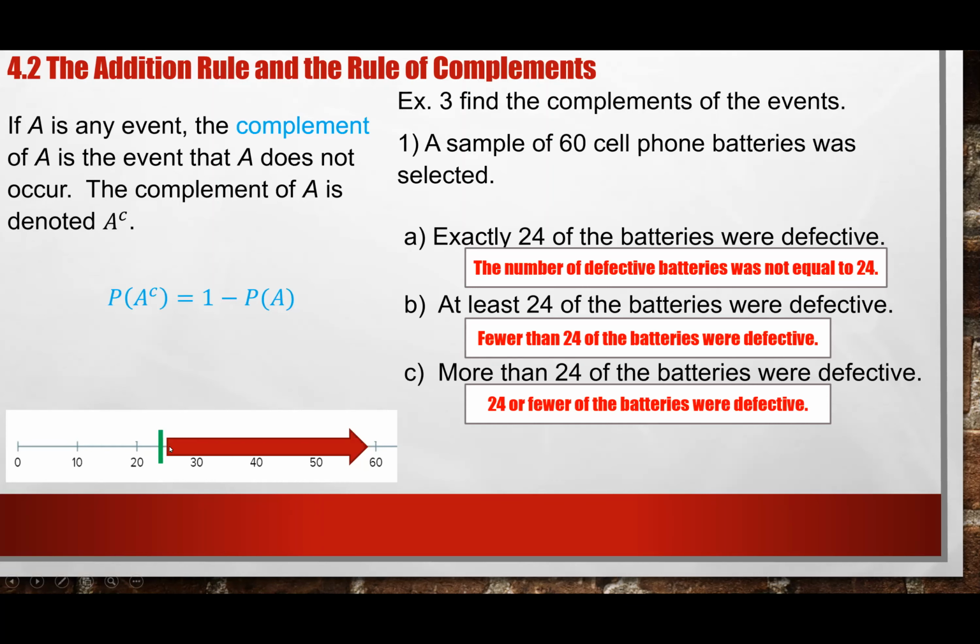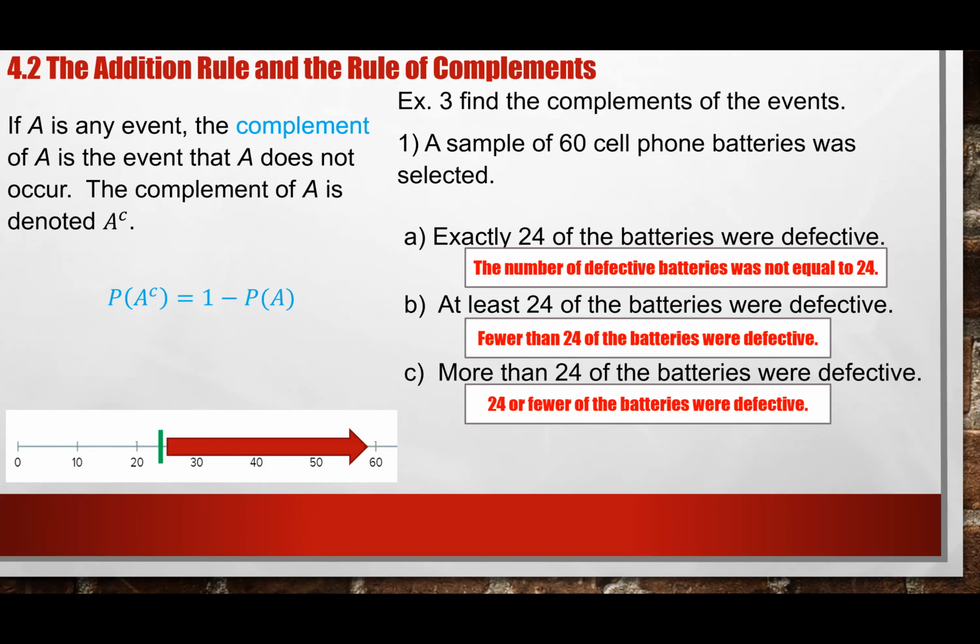For at least, we include the whole list of numbers, and for more than, we include the whole list of numbers with the exception of the endpoint. To show this, this line is close to here. I did not want to put it so close that you think we include the 24, so I put a gap there. But again, 24 or fewer is the other side of the spectrum.